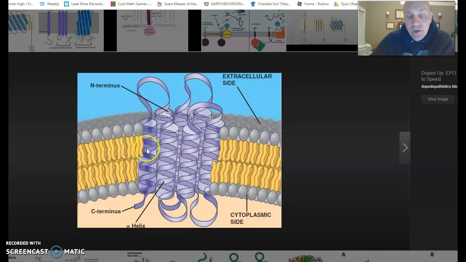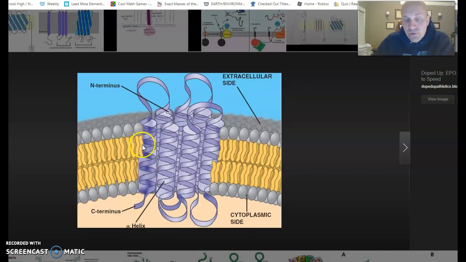So how does this work? Well, as we mentioned before, you've got different R groups that make up the amino acids on your protein. If you take a look right here, notice that all of the R groups on the amino acids right here would be in contact with those long chain fatty acids.